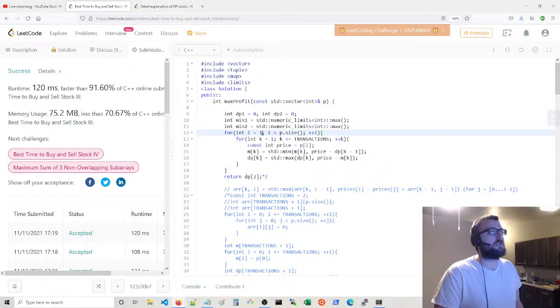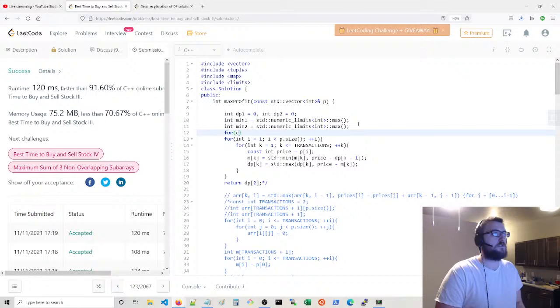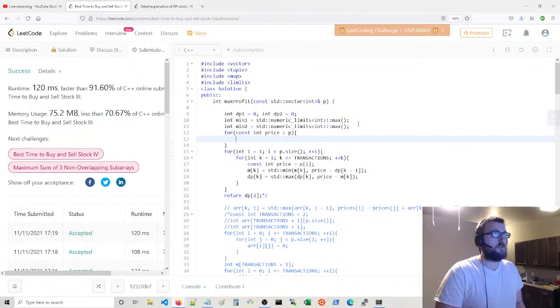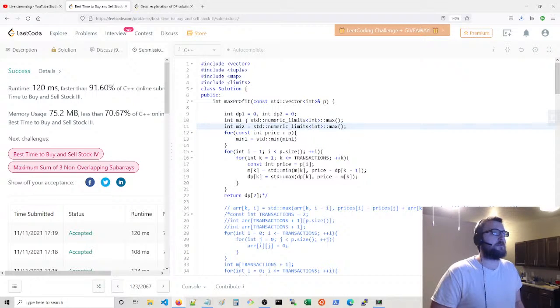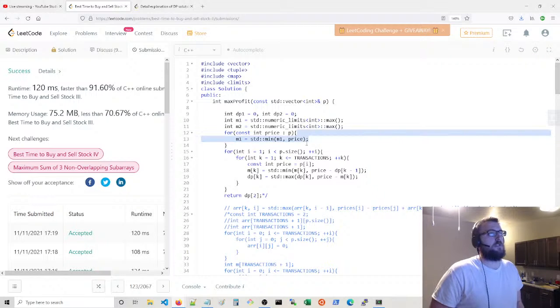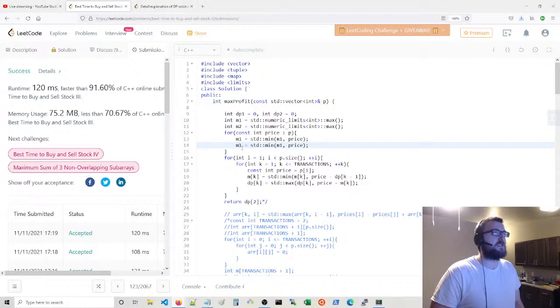And you can say m1 equals standard min of m1 and the price minus, so initially it's just 0 for min1, and dp1 is the max of dp1 and price minus m1.